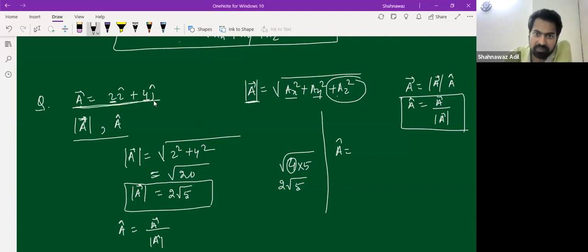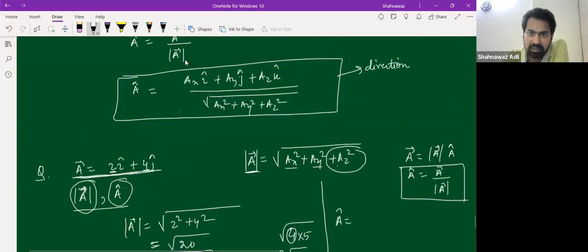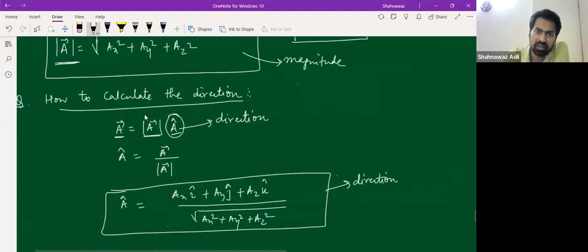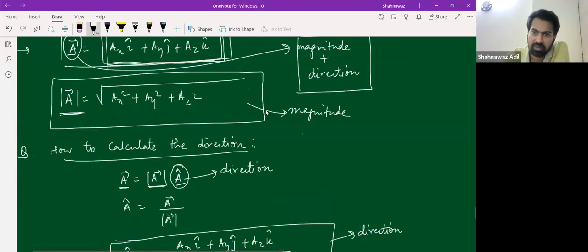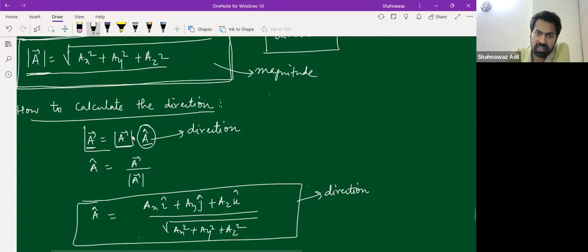A vector is given and we want to calculate the magnitude as well as the direction. Just a few moments ago, we learned how we can calculate the magnitude of a vector like this. And the direction we can calculate by dividing the vector by this magnitude.